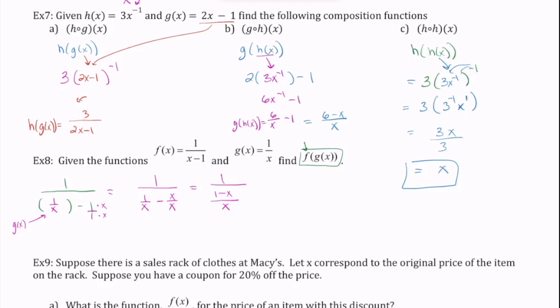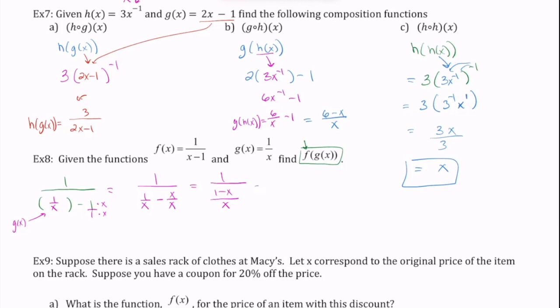And then this is really just the same thing as saying 1 divided by, right? So this is my division sign, 1 minus x over x, which is the same thing as saying 1 times x over 1 minus x. Right? I'm going to keep, change, flip here. And then you're just left with 1 times x over 1 minus x, which is just x over 1 minus x, right? This is just me simplifying that fraction.